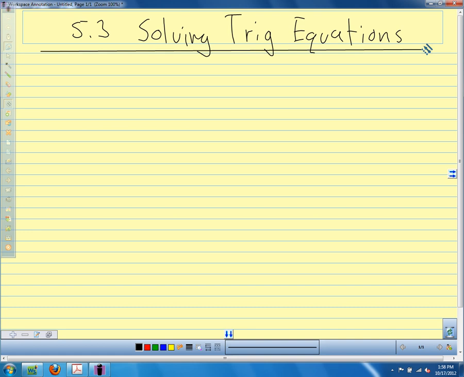So when we're working with trig equations, our big rule is we want to isolate the trig function. I'm going to put an S here because sometimes there might be more than one. Isolate the trig functions, meaning get it on one side of the equation.